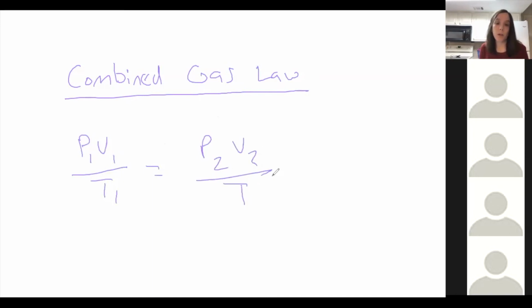So it's P1 V1 divided by T1 equals P2 V2 over T2. And this combines Charles's, Boyle's, and Gay-Lussac's laws.